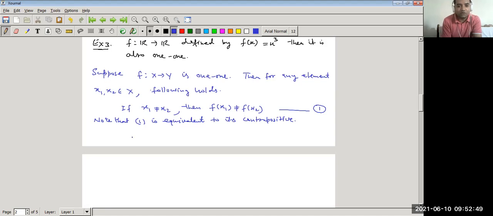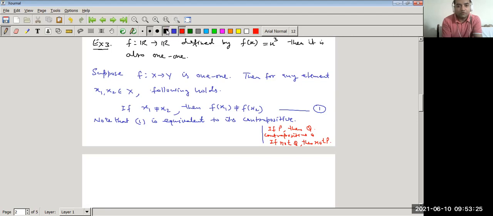So if the given statement is if P then Q, then its contrapositive is if not Q then not P.